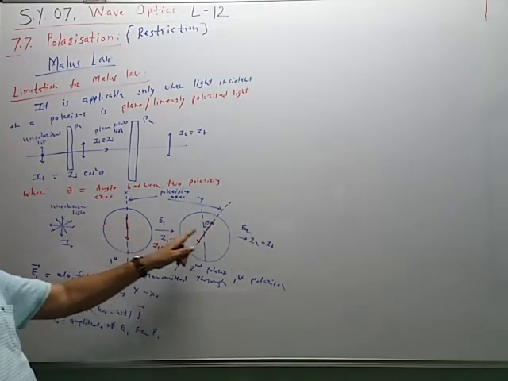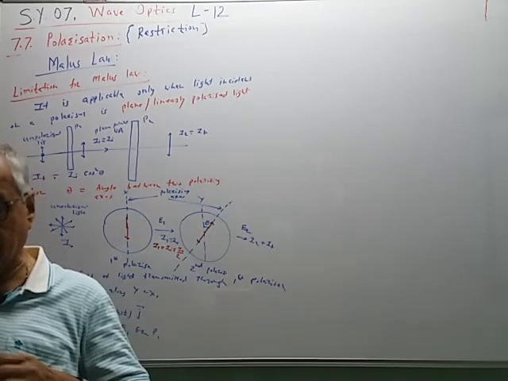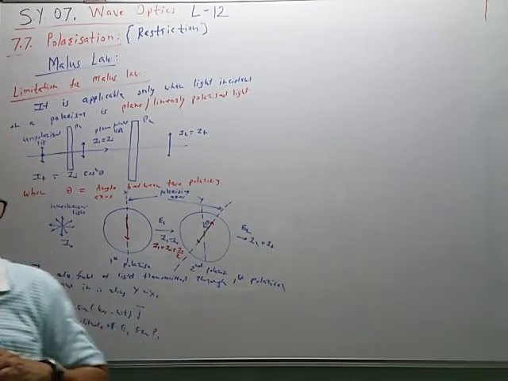Now it is incident on the second polarizer. The second polarizer is inclined at an angle theta, and therefore it has intensity I2.